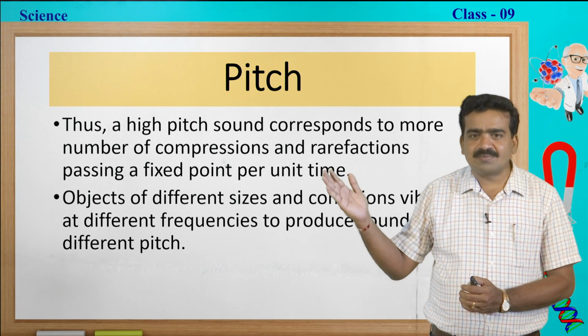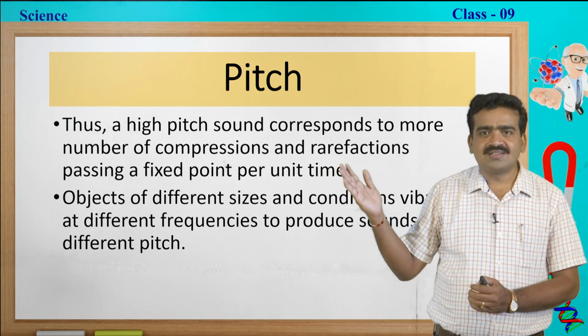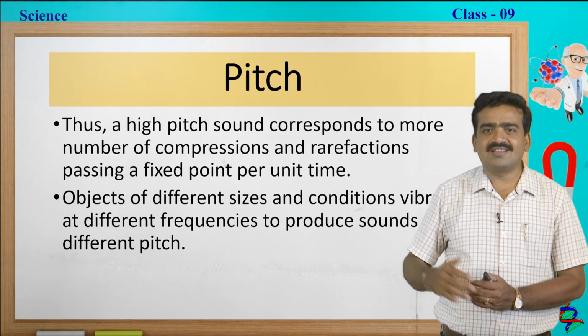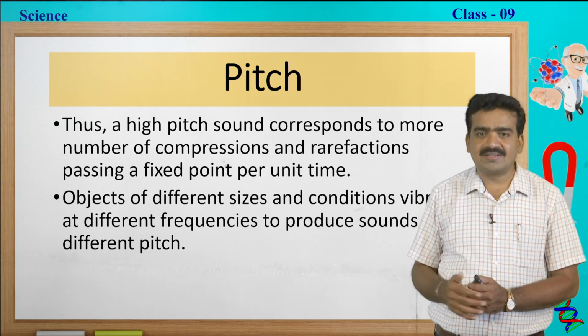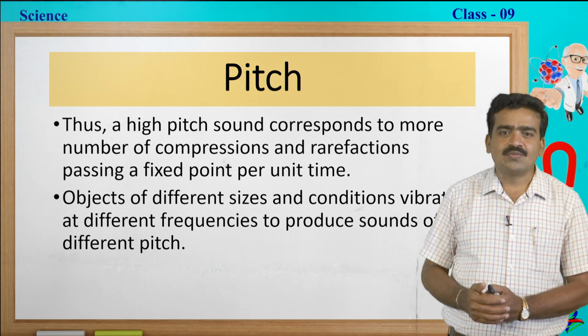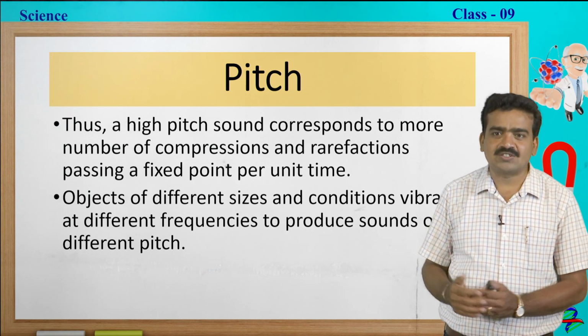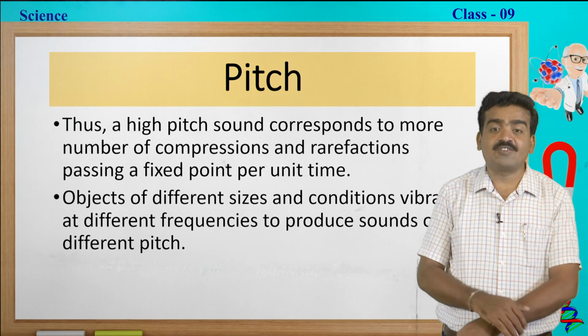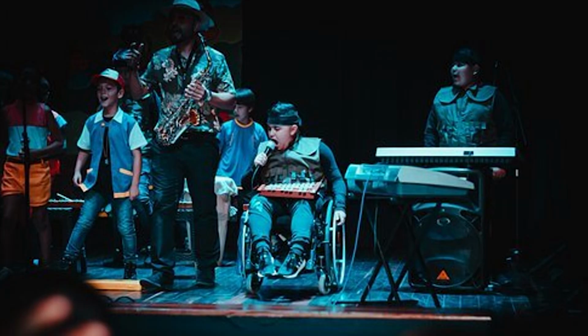Fewer compressions and rarefactions mean a lower pitch, and more mean a higher pitch. Objects of different size and conditions vibrate at different frequencies to produce sound of different pitch. This you have to know. That is why we are able to identify the different instruments being played in an orchestra.